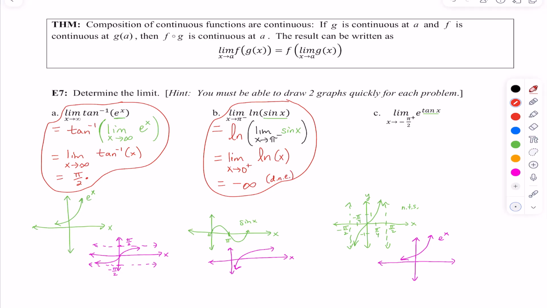We're going to do a similar approach with this last example. We're going to look at the inside function first and see what this will become.